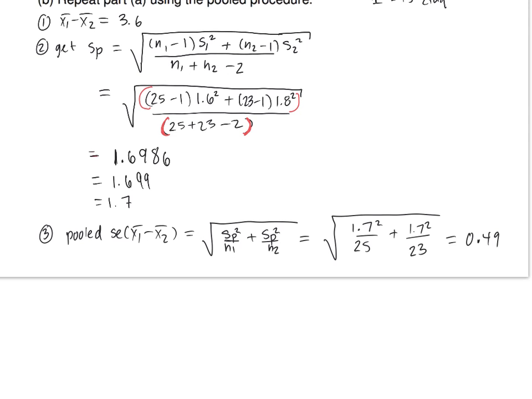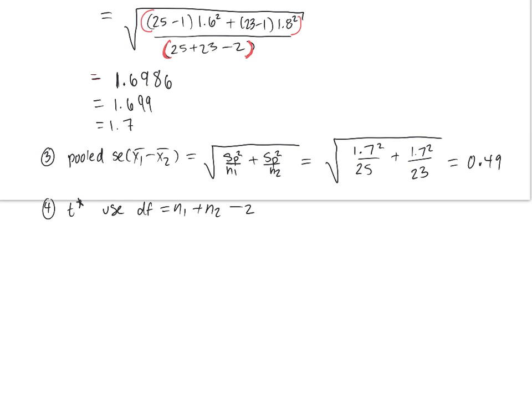It's a longer process, but the nice thing about this, and I think that really the point of this is to allow yourself to have bigger degrees of freedom. Guys, I think that really is the purpose of this procedure, because now, when you're looking for your T star, you use degrees of freedom equal to N1 plus N2 minus 2. And having bigger degrees of freedom means what happens to your multiplier? It goes down, it gets smaller, which makes your interval narrow, which is a good thing.